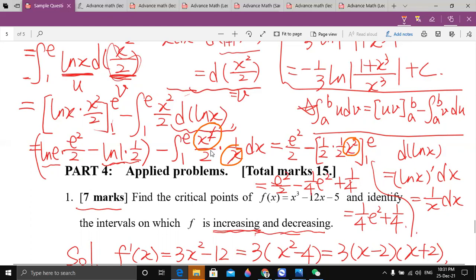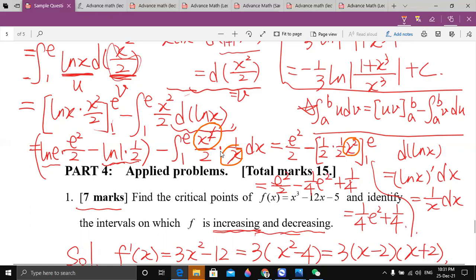I'm saying, how can she firstly cancel another x, then give us the answer half x squared again?